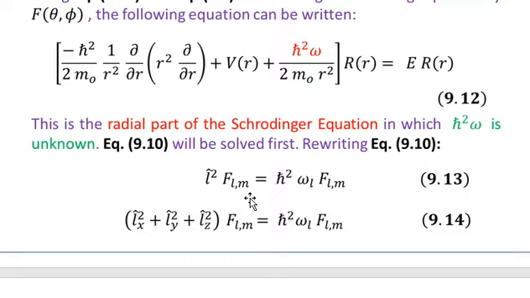So L square operating on F_lm will give you h bar square omega_l F_lm. So you see that here what I am doing with equation number 10 is that I am dropping the explicit dependence of f on theta and phi. So in equation number 13 I am not writing theta and phi, because once it is understood that f is the azimuthal part of the wave function, it is obvious that it depends upon theta and phi.